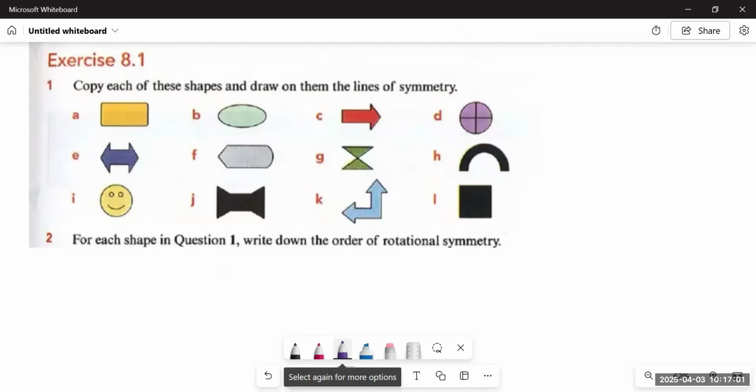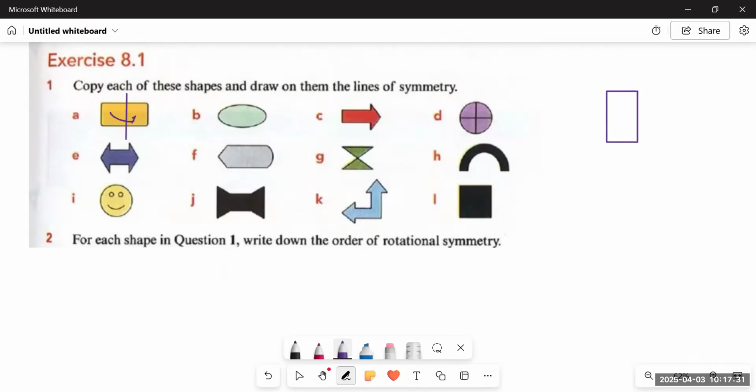If I draw this line of symmetry right in the center, and fold it, I will fold this half on top of the other half.